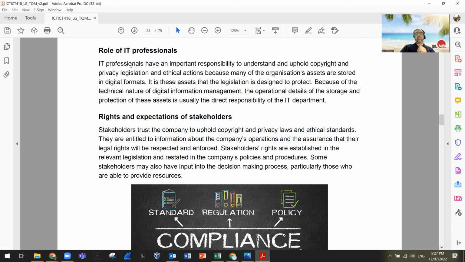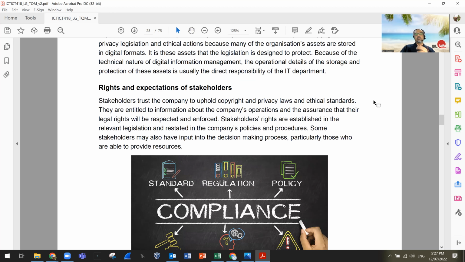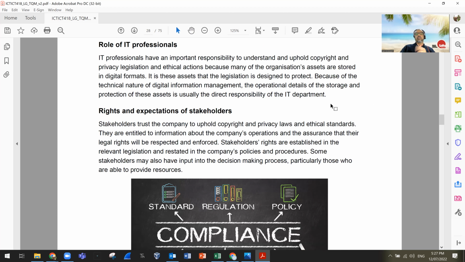So IT people will help to enforce different policies. Another example, we will have cameras around maybe the cafeteria in TAFE, around the open area, in some classes maybe. These cameras are connected to our network, and it will keep the recording for, I don't know, a few weeks or so. So IT professionals will configure these cameras.